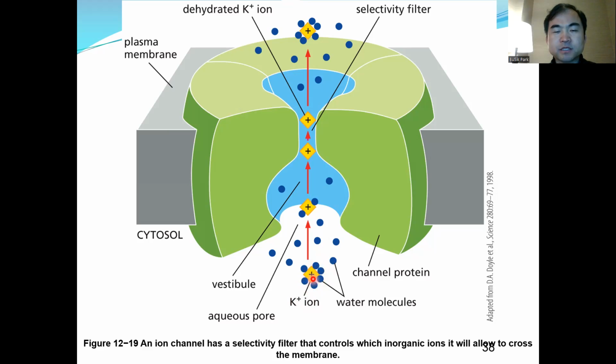However, in this state it cannot move through this way. Only the potassium ion, once stripped of water, can move through. So this is the selective filter. The ion channel has a selectivity filter.